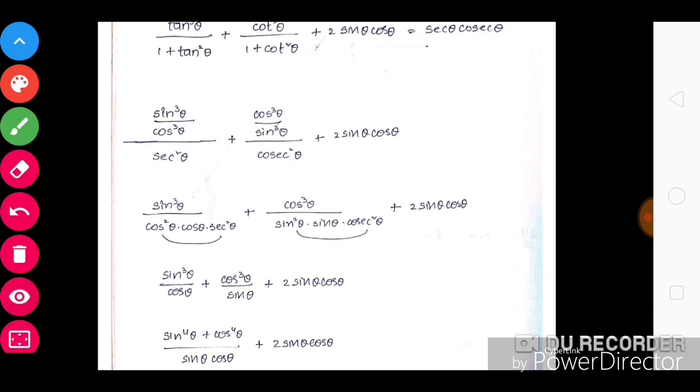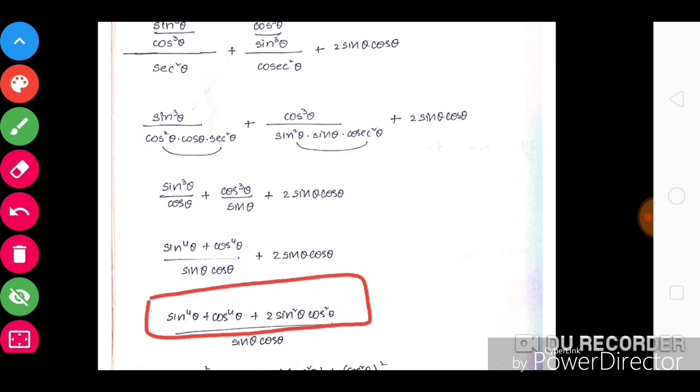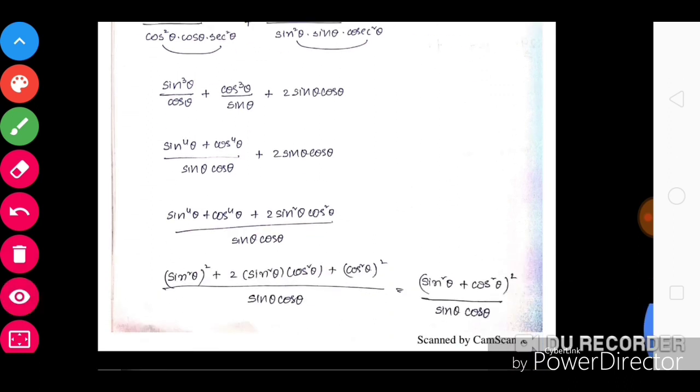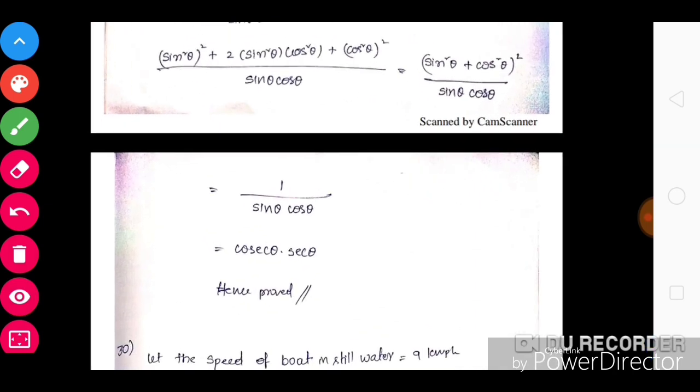By cross multiplying we get sin power 4 plus cos power 4 plus 2 sin square cos square theta. It will be a square plus b square whole square. So sin square theta plus cos square theta whole square by sin theta cos theta. So the answer will be 1 by sin theta cos theta, that is cosecant theta into secant theta.